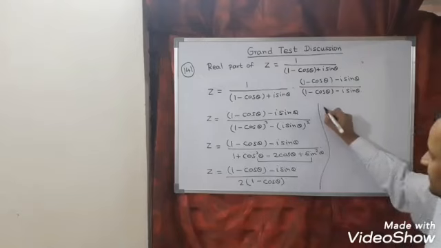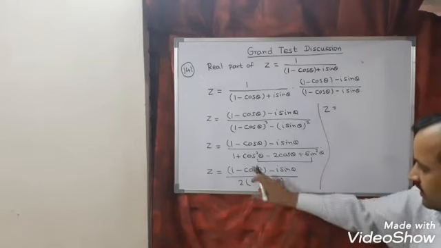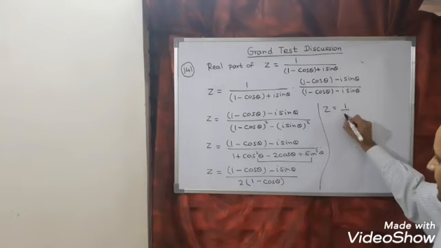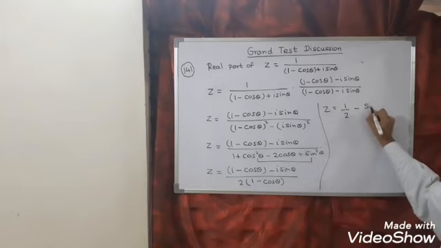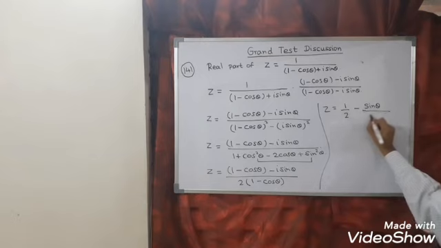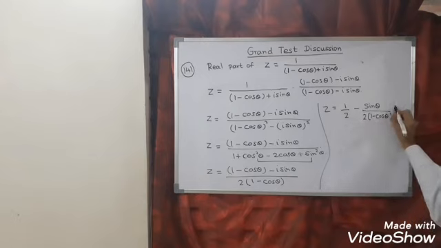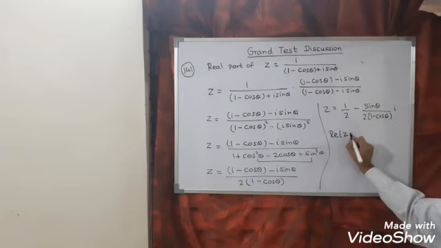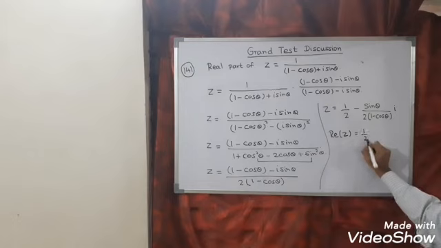So z is equal to 1 minus cos theta, 1 minus cos theta will get cancelled, 1 by 2, minus sin theta divided by 2 into 1 minus cos theta into i. The question asks for the real part. So the real part of z is nothing but 1 by 2. So the answer of this question is 1 by 2.